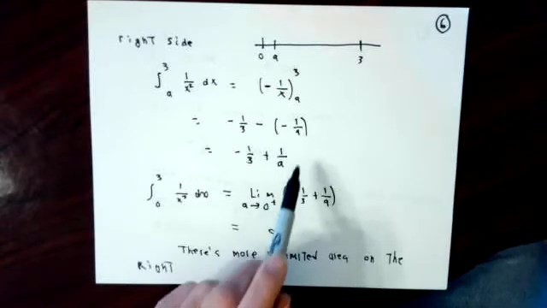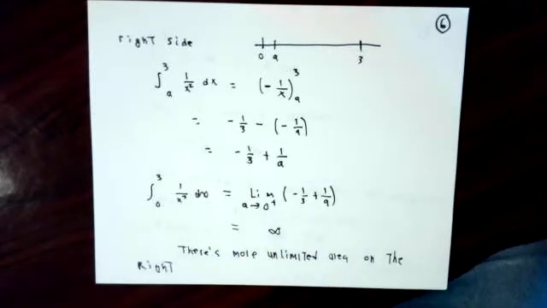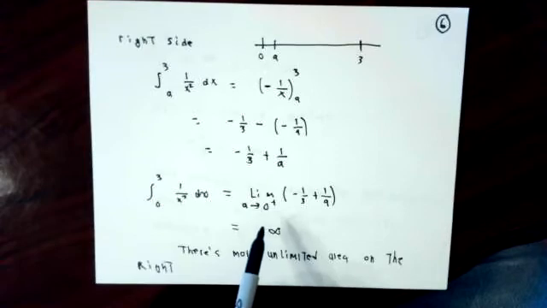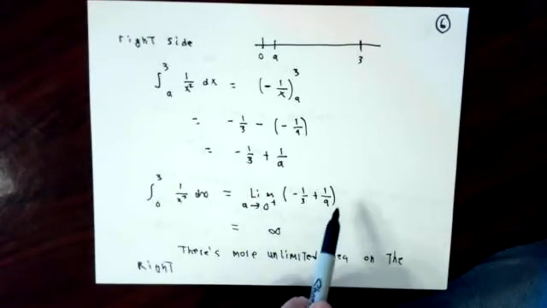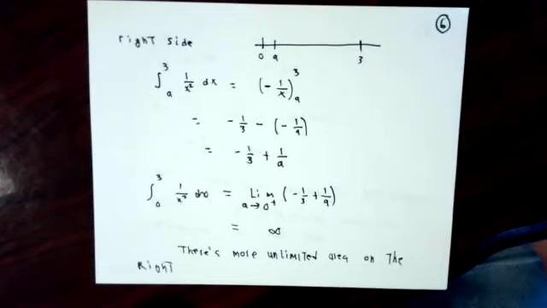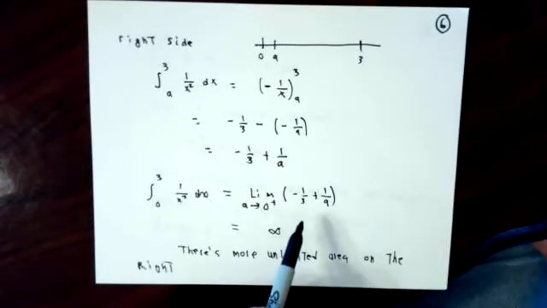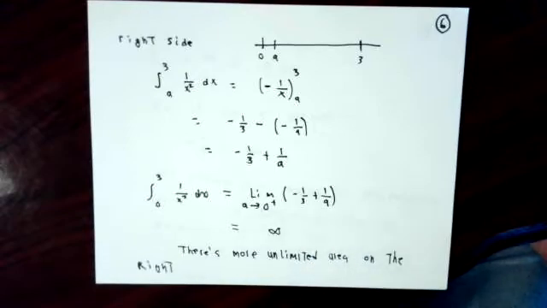The 1 over a is the deal maker. A is always going to be positive, and it's getting close to 0. So 1 over a will be positive and getting real big. I can make negative 1/3 plus 1 over a as big as I care to make it by making the a positive and close enough to 0.